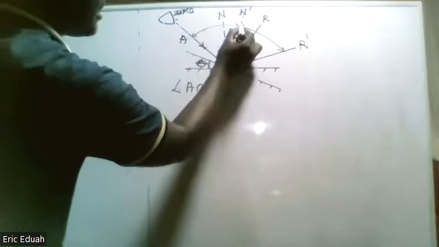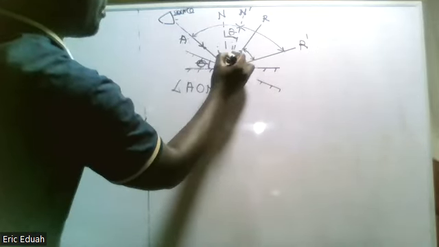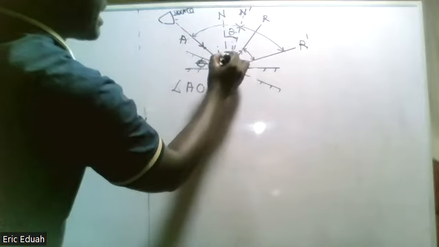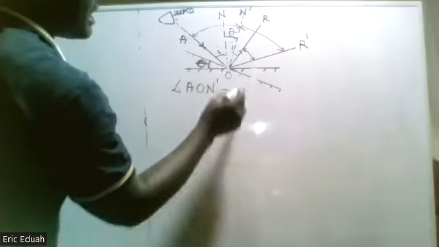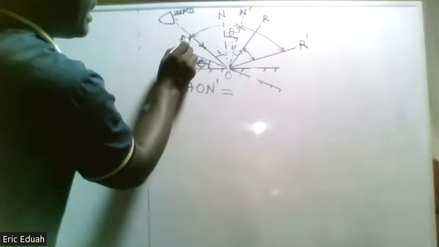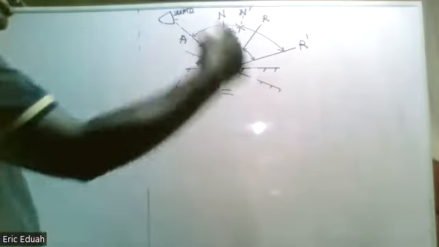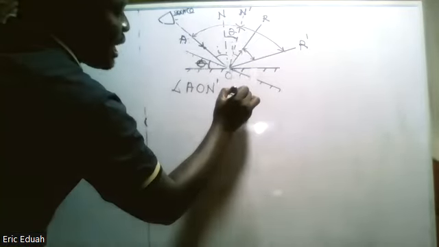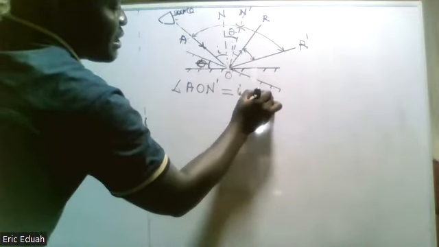This is the whole angle from the incident ray to the old normal. This is I. The angle between the old normal and the new normal is theta. So AON prime, which is the angle of incidence to the new normal, will be I plus theta.